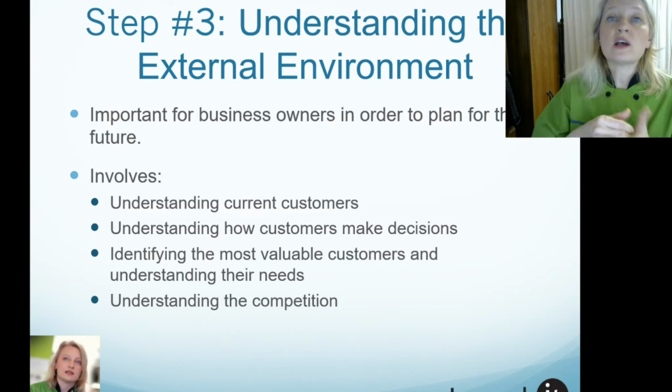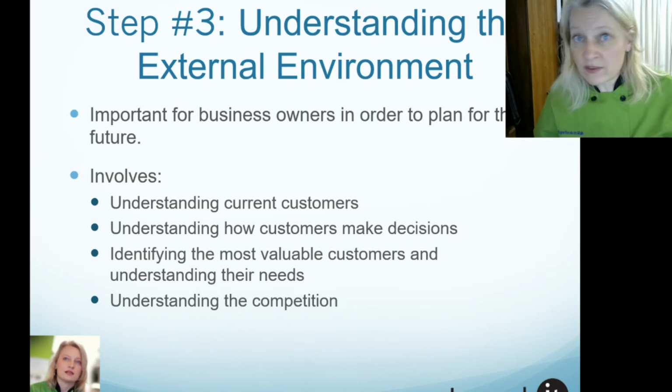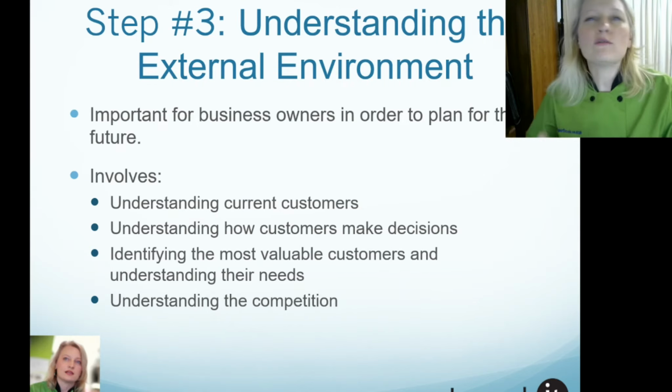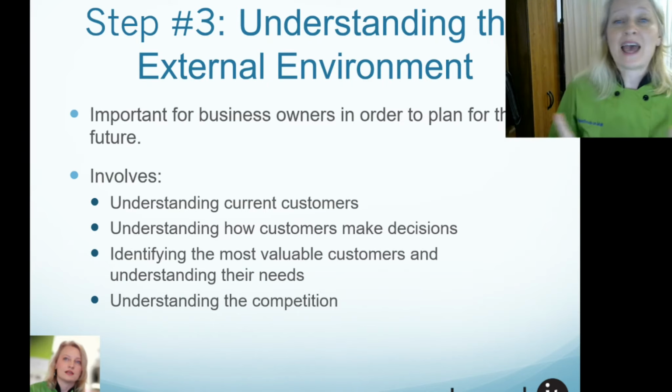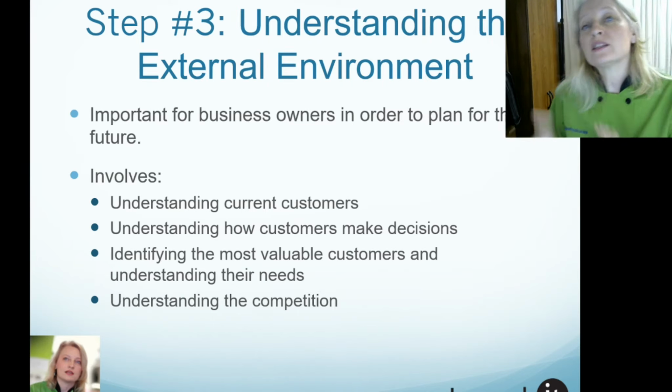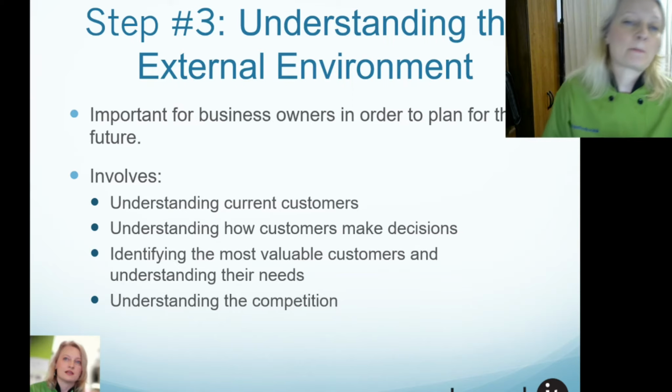Is it that your customer service is better than anybody else? Your knowledgeable staff is better than anybody else? Or they really love your videos or your blogs? There's lots of reasons as to how customers make decisions. And you need to understand why and how your customers make those decisions.